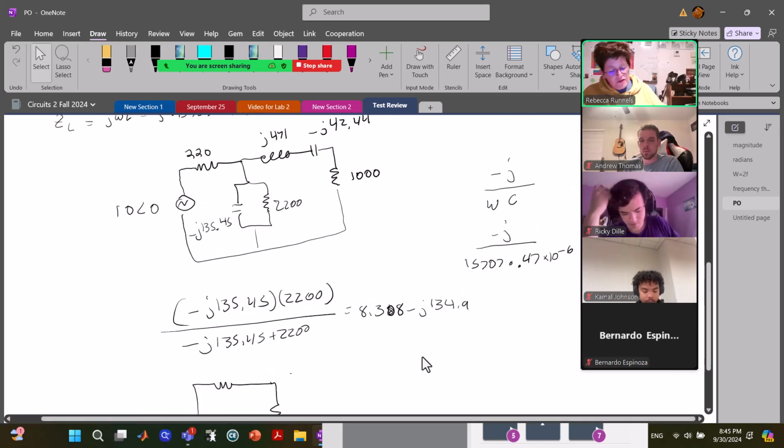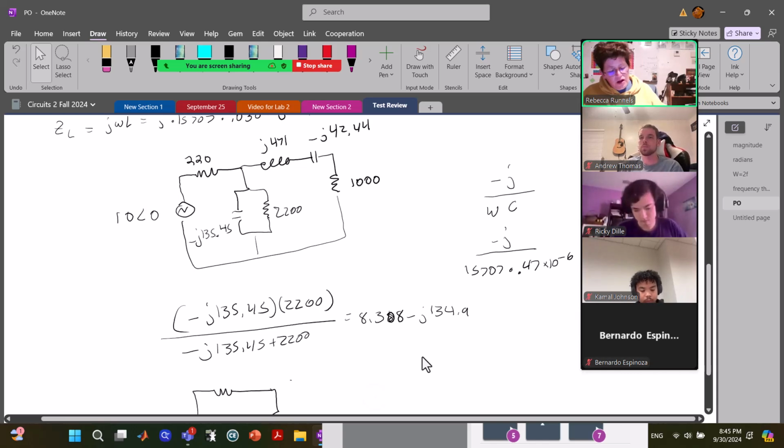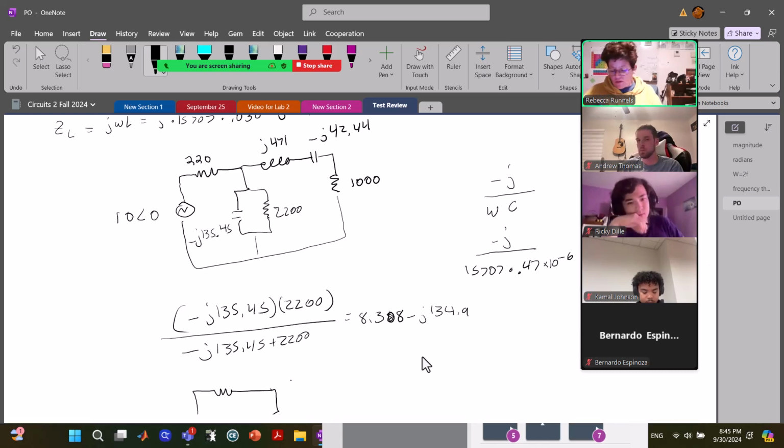And let's see, over here we can combine all of these that are in series. So I can put together my 471 minus 42.44, and I get 428.56.